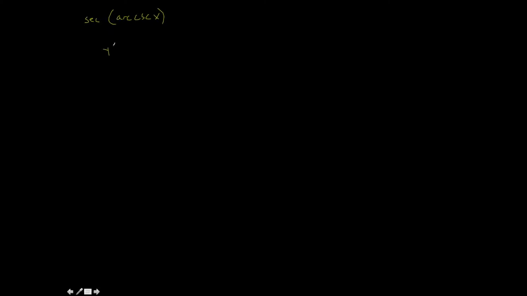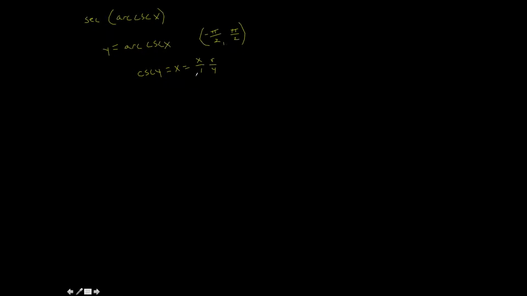So I'm going to let y equal the arc cosecant of x, which has a restriction of negative pi over 2 to pi over 2. Okay? So this is the cosecant of y equals x, or x over 1. And remember, cosecant, this is going to be r over y.